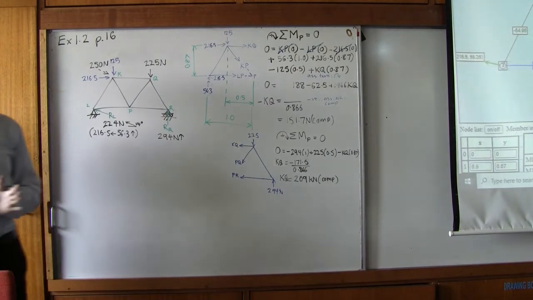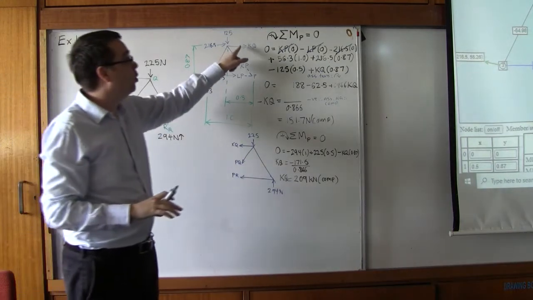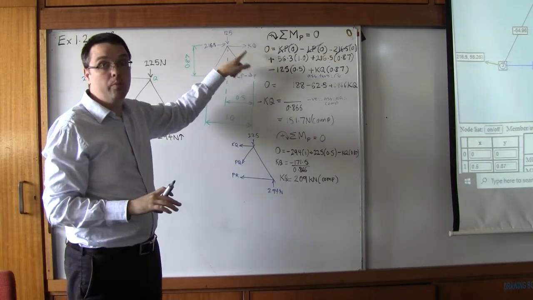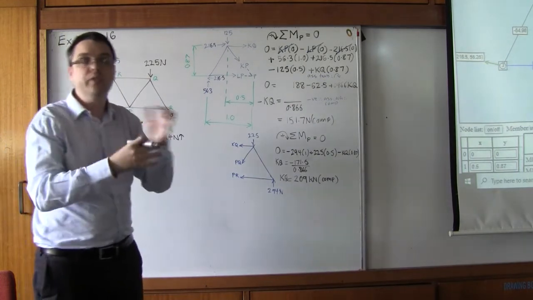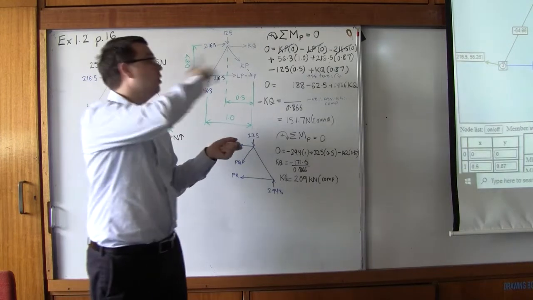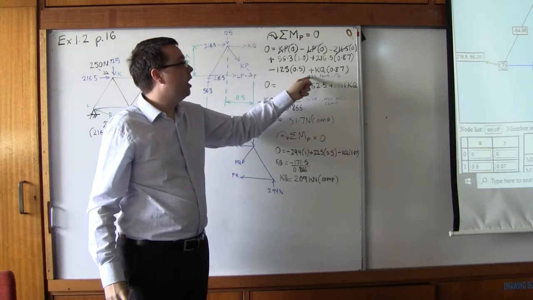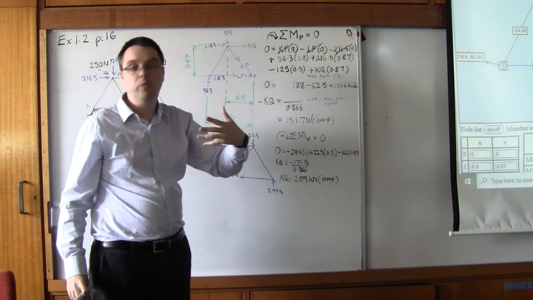Because we always assume what? Yeah, we draw the pulling from the node, pulling out from the node, which we assume is in tension. If it's in tension, the force is pulling from the node. If it's pulling from the node, it's going clockwise. Which is why I've written here, assume tension, therefore clockwise. And that's why it's positive.